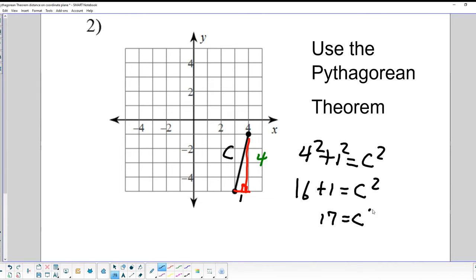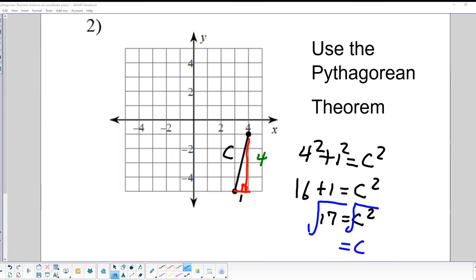That equals C squared. And when we take the square root of each side, we end up with C equals, and if we do the square root of 17, we could just leave it as the square root of 17. That probably wouldn't hurt anything.